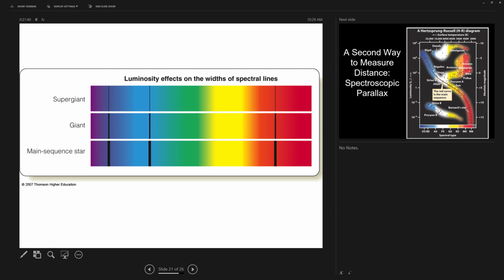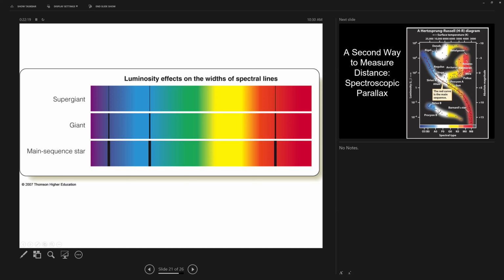The atoms that are absorbing the light coming from below, from the photosphere of the star, might undergo a collision while they're absorbing that light, or there may be Doppler broadening because they may be moving toward or away from the observer while they're absorbing the light. That has the effect of broadening the absorption lines.